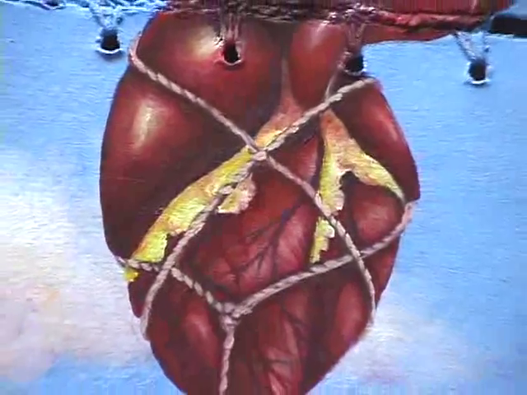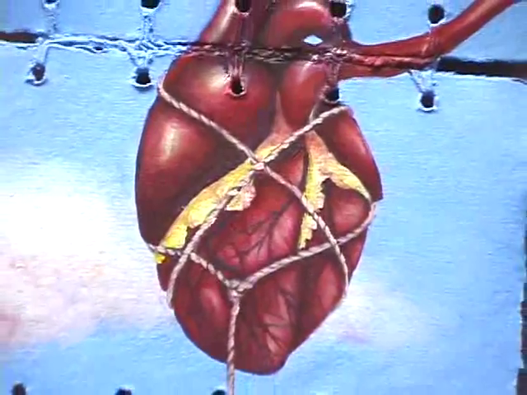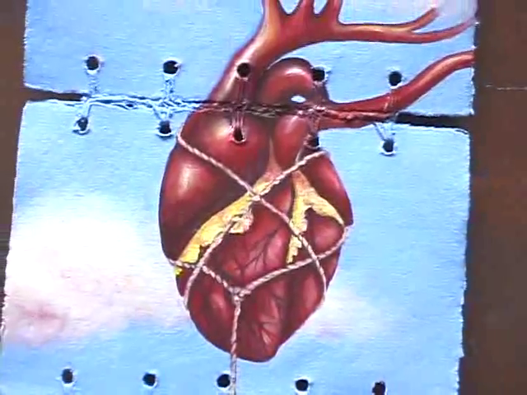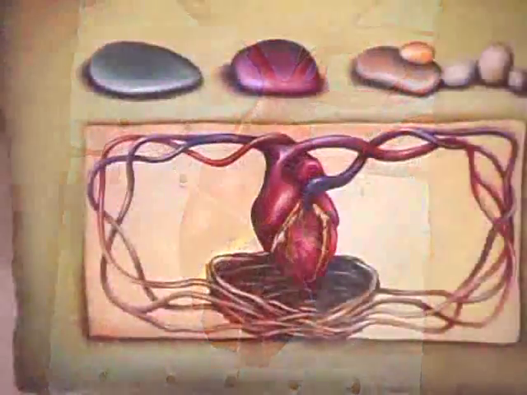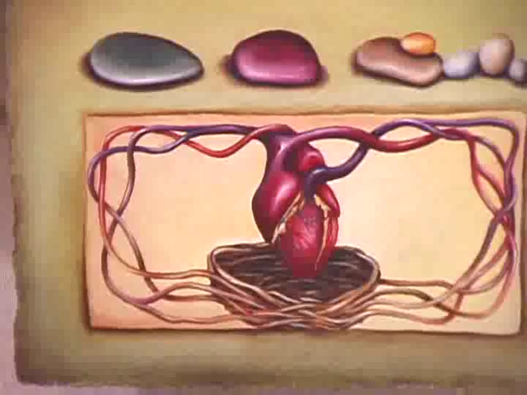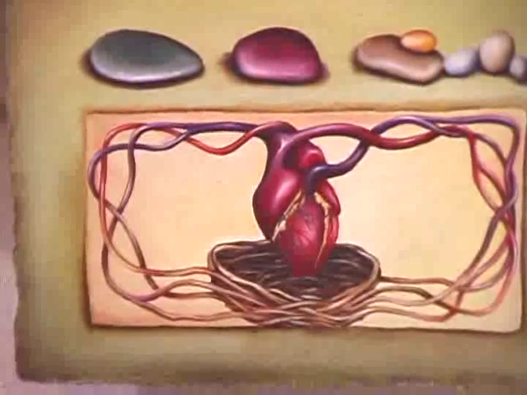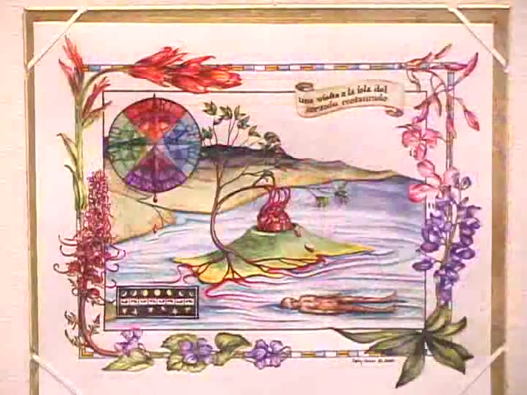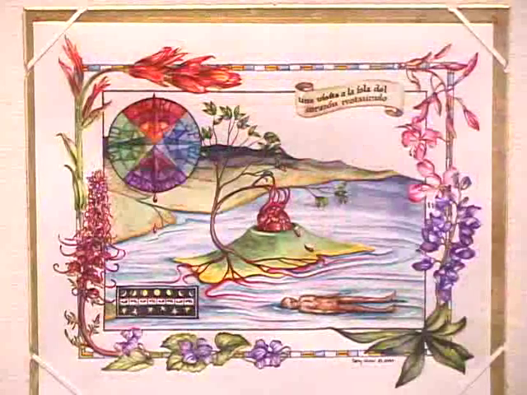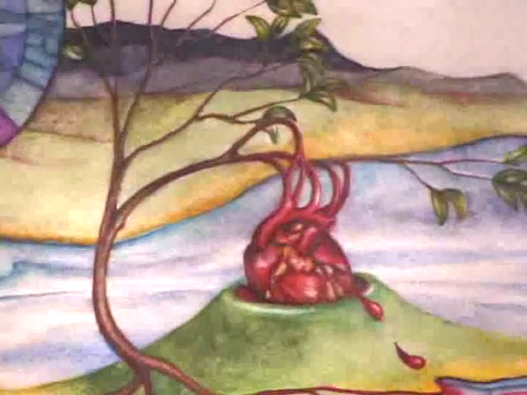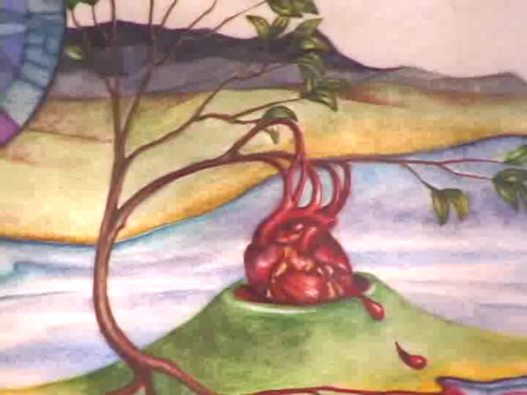I use heart imagery a lot because 10 years ago this year, my partner died of cancer, and I had made a series of pictures about the experience of grief. And a lot of the imagery that kept presenting itself in the course of that work was connected to blood and water and the state of my heart.